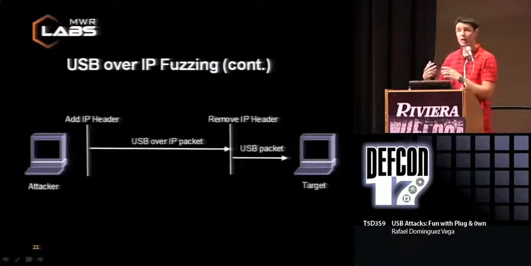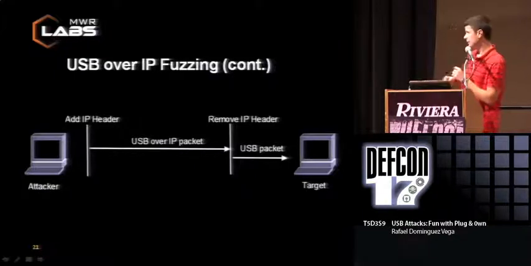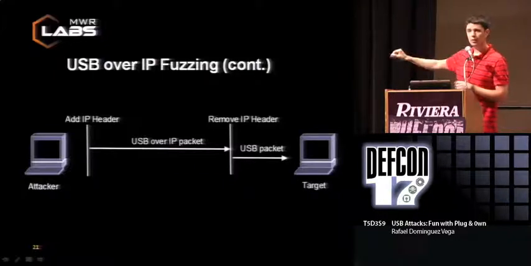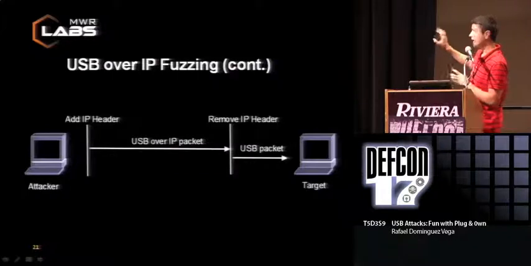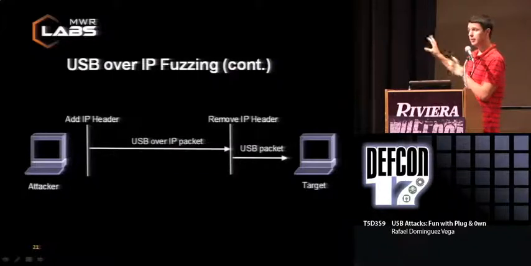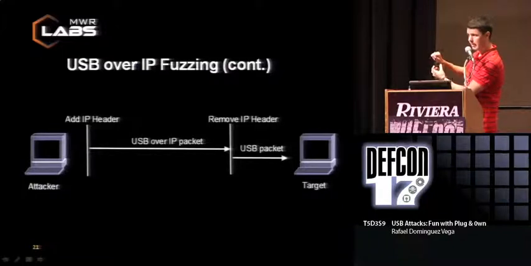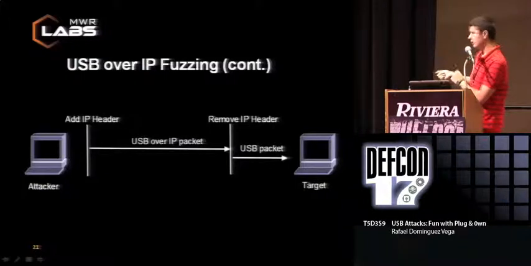We implemented an already existing network fuzzing engine, which will be creating our fuzzing cases. The attacker would send the USB packets over IP. At the target system, we would have the USB IP module installed, which will be in charge of taking the USB packet that we are sending with the malformed data, removing the IP header from the packet, and sending the USB packet directly to the drivers.